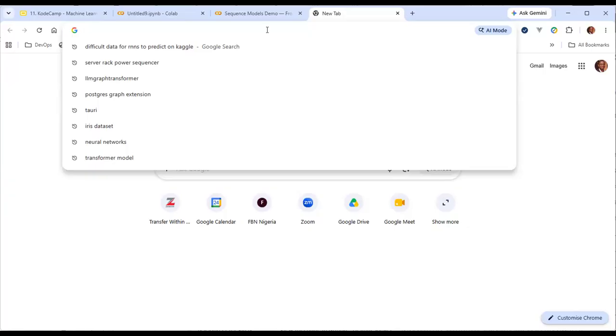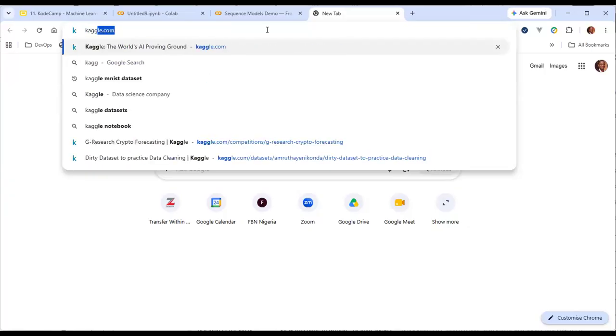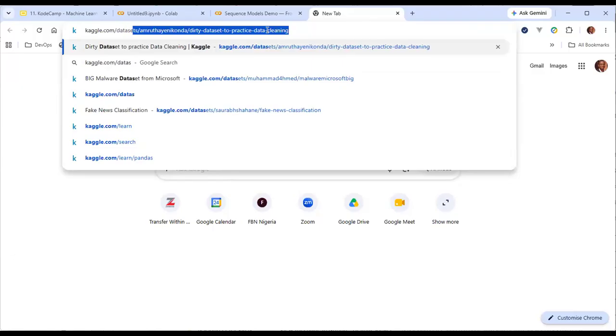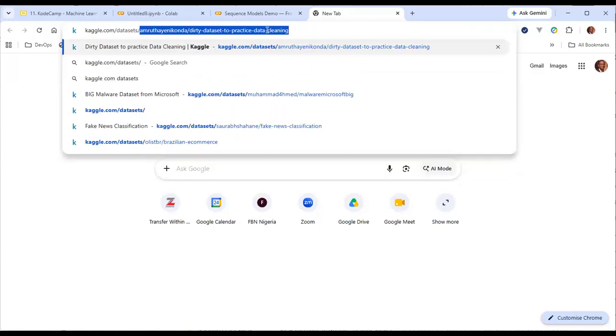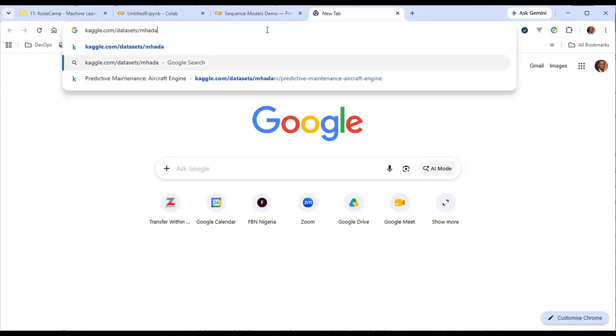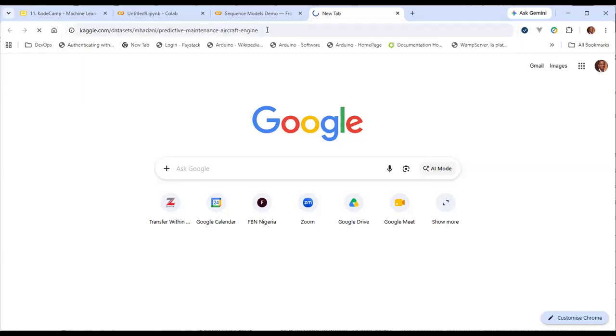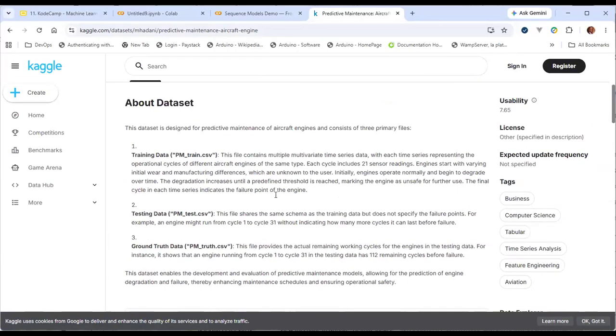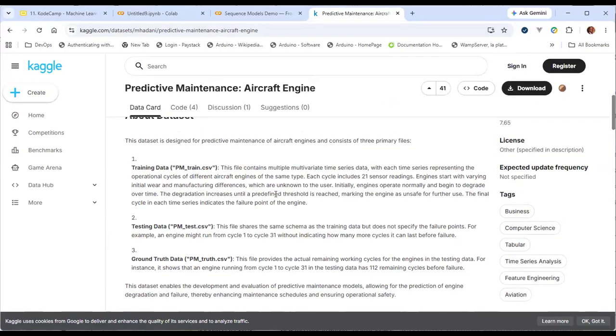Okay, so this is predictive aircraft maintenance. The idea is this data is used for training aircraft to look at different inputs that come from different sensors, right?